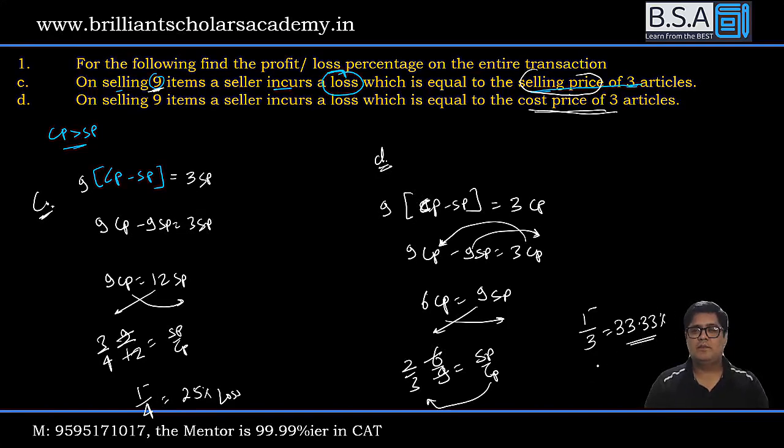So write this down. This is example D. There's a loss of 33.33%. There's a loss of 25%. Copy this down. Very fundamental examples. Comment done.